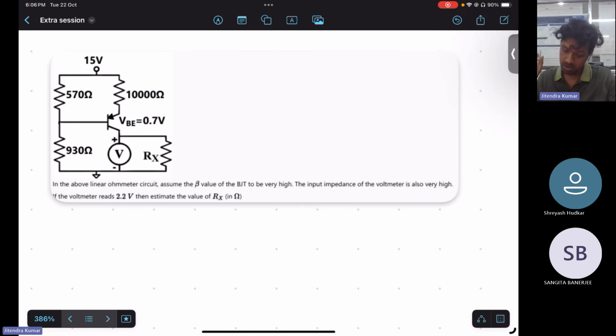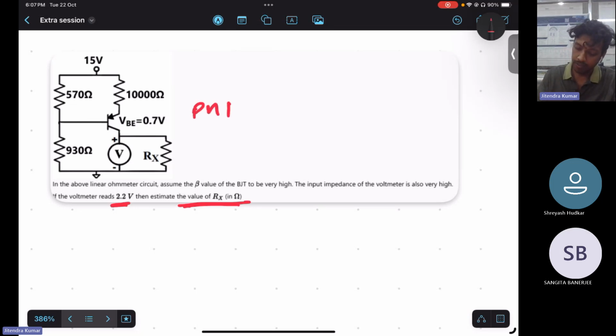We need to find the value of Rx if the voltmeter reads 2.2 volt. Instead of an NPN transistor, this is a PNP transistor, isn't it? Here VBE is given as 0.7 volt.